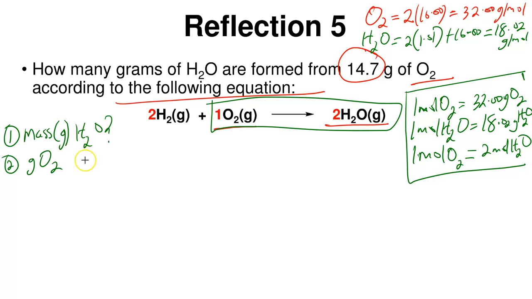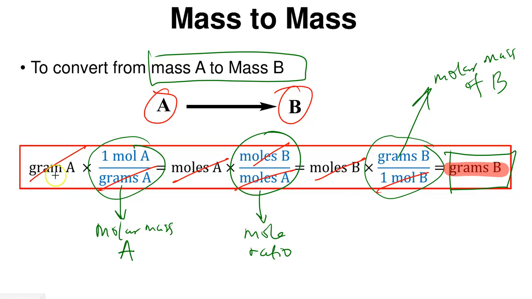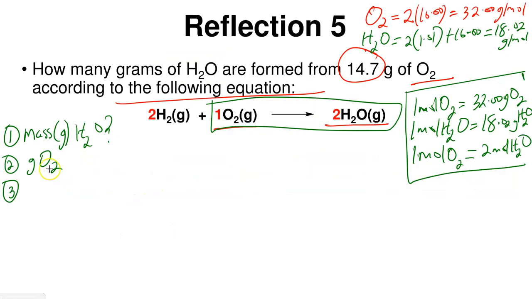And then the next thing is that we now do the path. What is the path? 3. We create the path. What path are we creating? We're going from grams of oxygen. So to create the path, first let's look at this. First we go from grams of A to mole of A. So first of all, from grams of oxygen, we go to mole of oxygen.